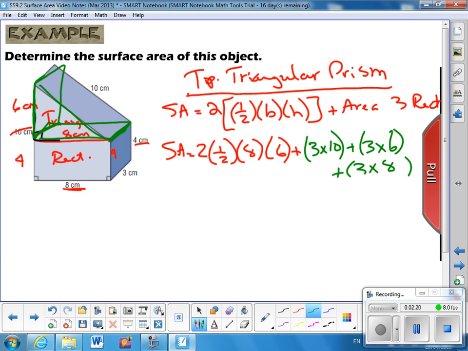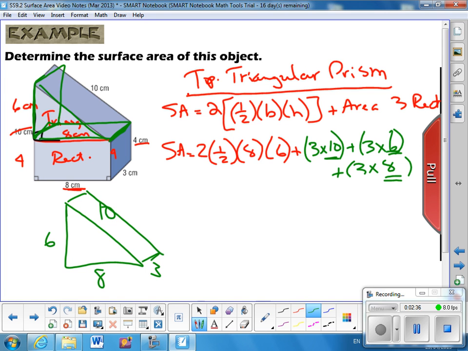Okay, so you'll notice that 10, 6, and 8 are the 3 sides of your triangle, because if I just redrew the triangle, 10, 6, and 8. And then the depth of that prism is 3 centimeters. So that's why you have 3 by 10, you have 3 by 8, and then you have 3 by 6 as the 3 rectangles.